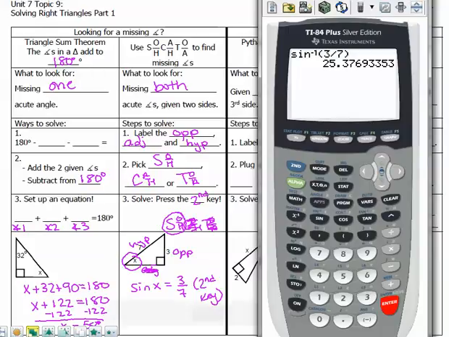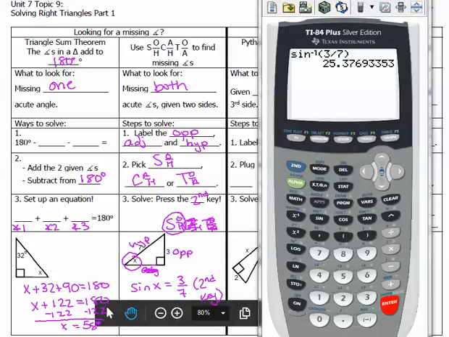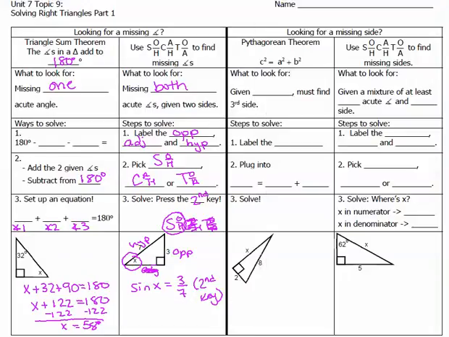And it's 25.4 degrees. So that's the two ways I have to find angles.